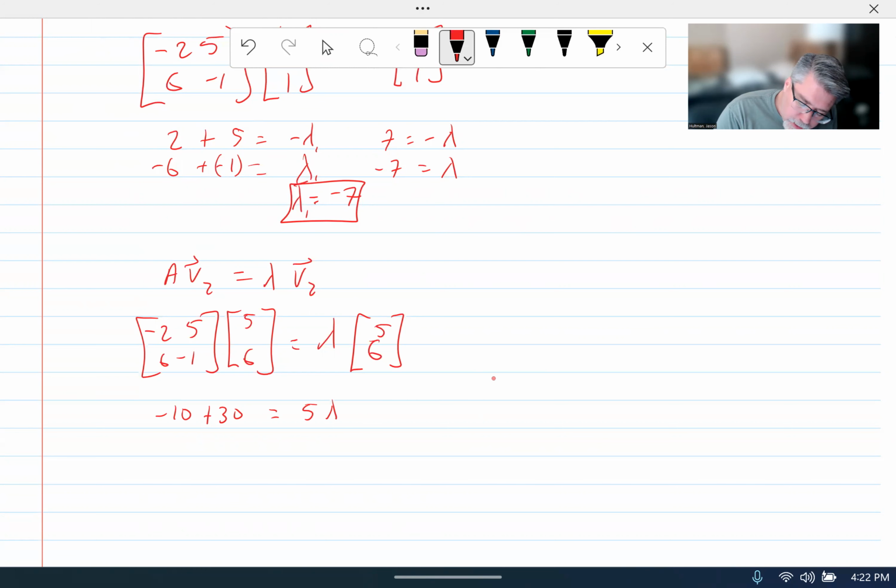And then 6 times 5 is 30, plus negative 6, is equal to 6 times lambda. So this is going to become 20 is equal to 5 times lambda, and 24 is equal to 6 times lambda. So obviously lambda has to be equal to 4. So that's lambda 2 is equal to 4.